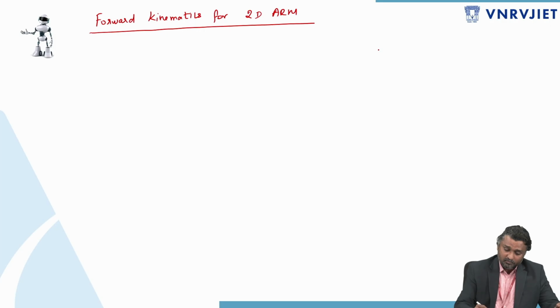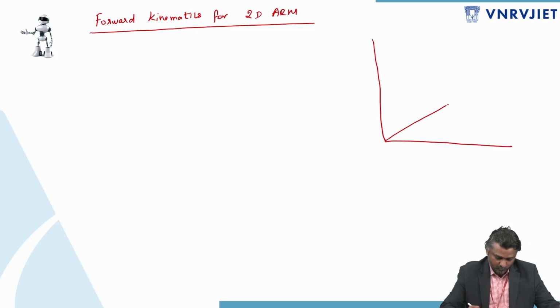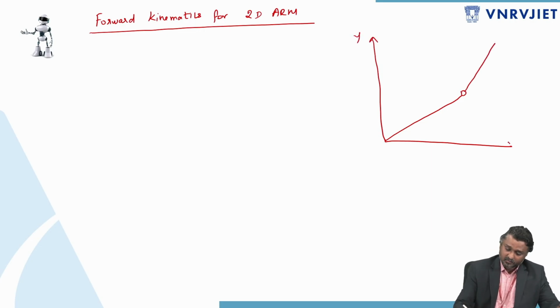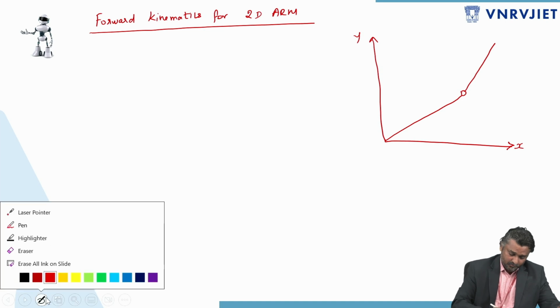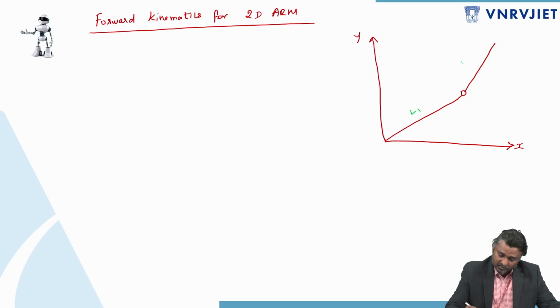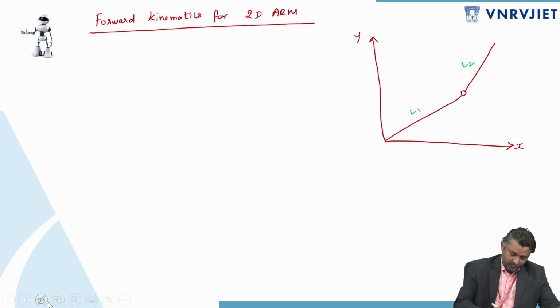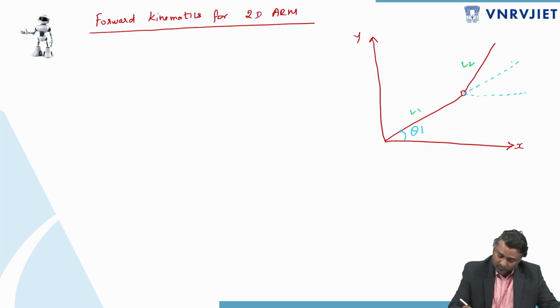Clear? So now I will draw the diagram. This is the y-axis, x-axis, and then this is link 1, link 2, and then this is theta 1, this is theta 2, this is theta 1 plus theta 2.